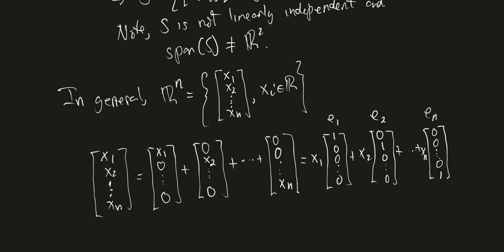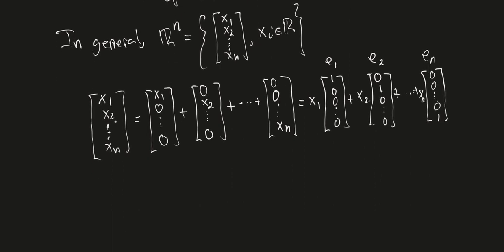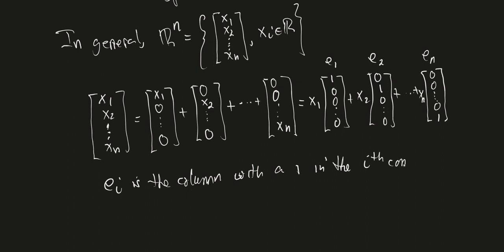In En, the nth component is equal to 1, and then all other components are equal to 0. So let's write that down. So E sub i is the column with a 1 in the ith component and 0 elsewhere.